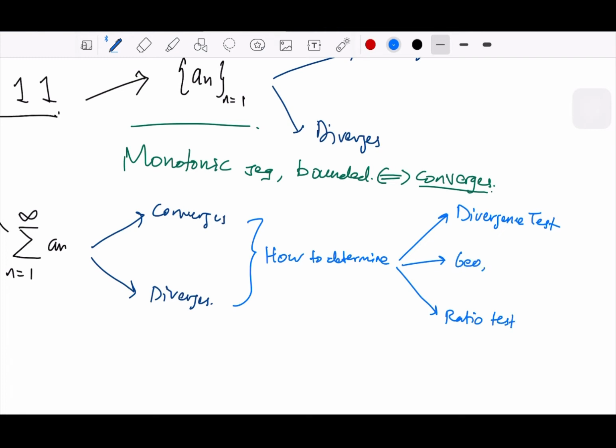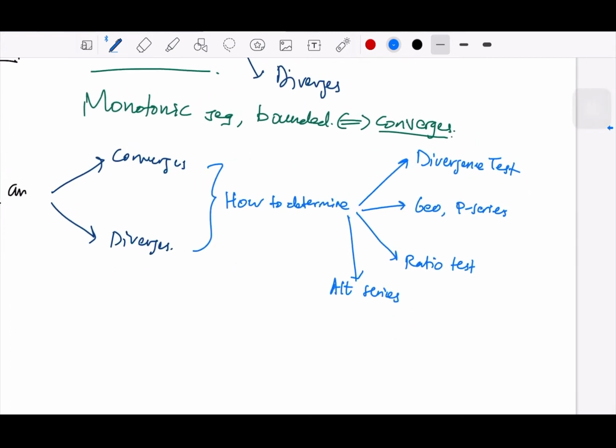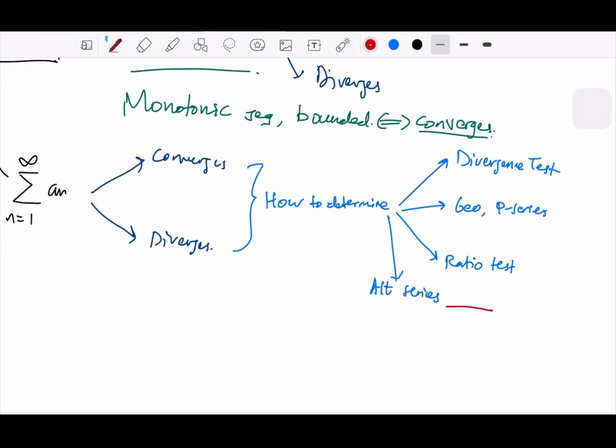The geometric or p-series. And the other one that is important is the alternating series, which has implications on whether it is absolutely convergent, conditionally convergent, or just divergent. I hope you still remember what this is.